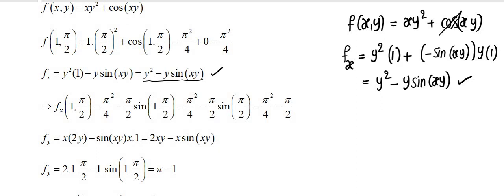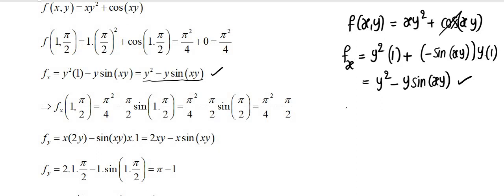So pi square by 4 as it is, minus pi by 2 also as it is. Sine of 1 into pi by 2 is sine pi by 2. We know the value of sine pi by 2 is 1. 1 into anything is anything. That's why we are getting pi by 2 here. So the value of fx at (1, pi by 2) is pi square by 4 minus pi by 2.